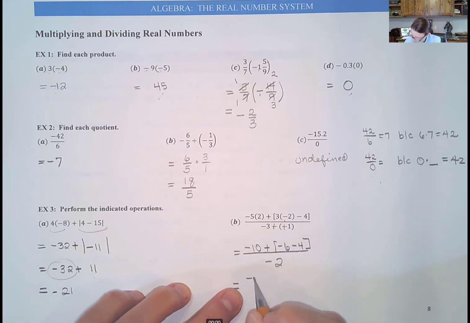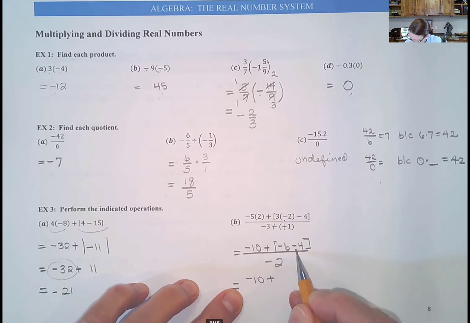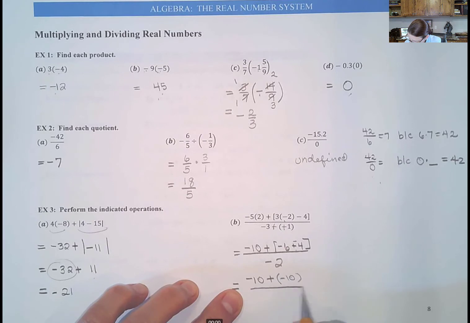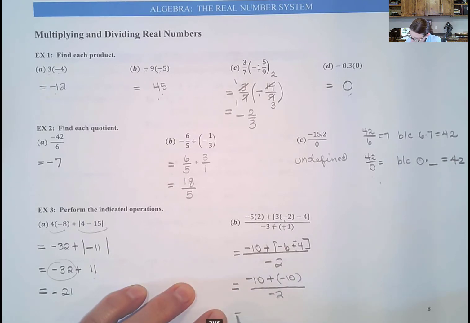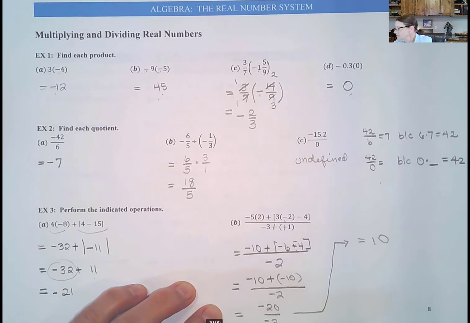Back to the numerator, negative 10 plus negative 6 and a negative 4 is negative 20. Negative 20 divided by negative 2 is positive 10.